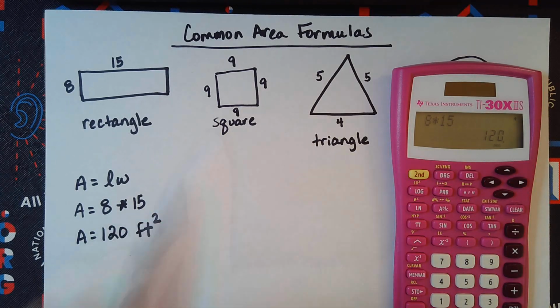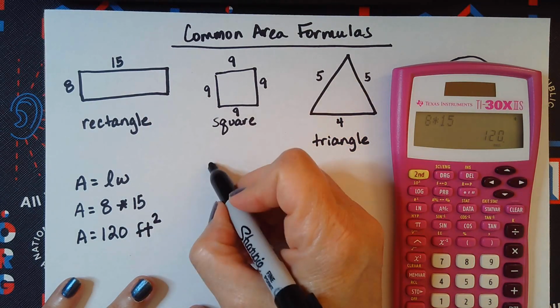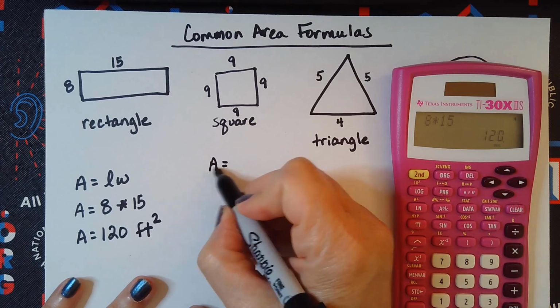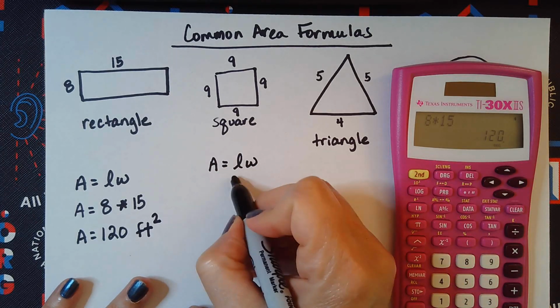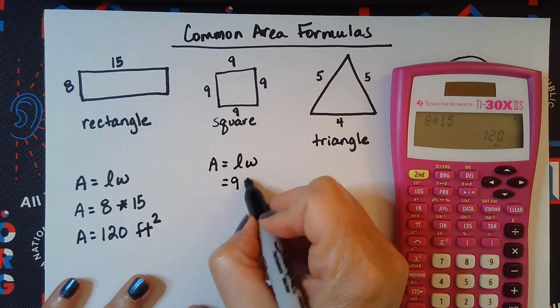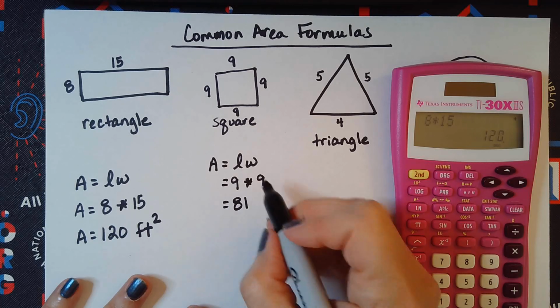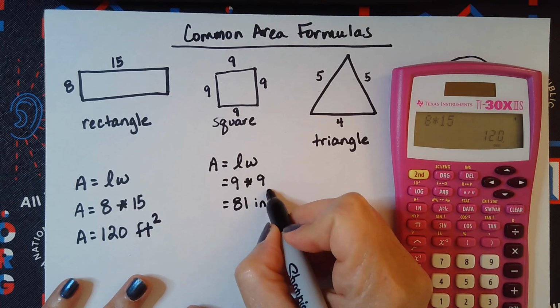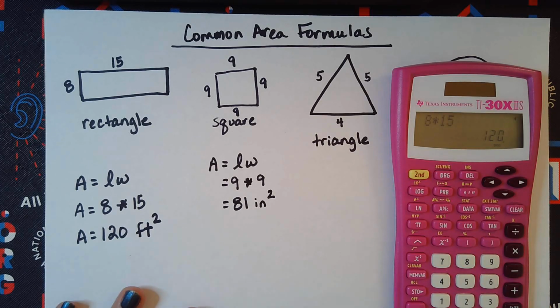Okay, over here in a square, you would think of a square as just a special rectangle. So you could say that our area is going to equal our length times our width again, which would be 9 times 9, which would be 81. Let's say it's inches in this case. And again, because of area, we're going to be inches squared.